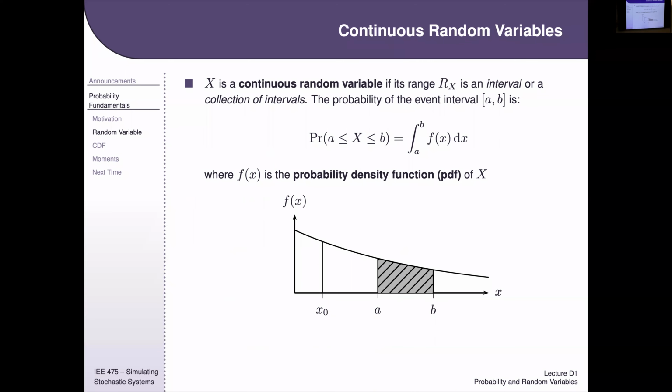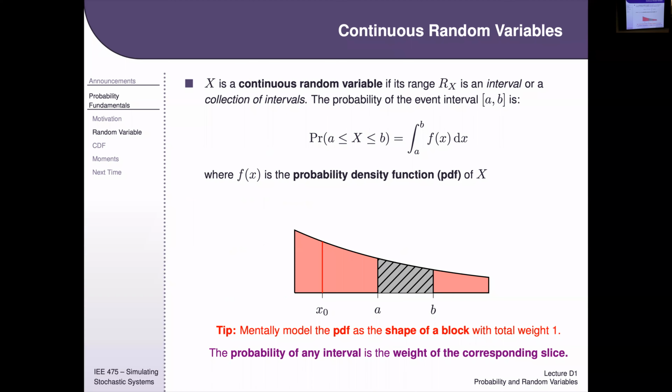All right, so I've got these examples here. I already mentioned this. Taking A to B, there is a weight to this interval here, but there is no weight to this point. That's all I'm saying here. So mentally, you can think of the probability density function as representing a block with a total weight of 1.